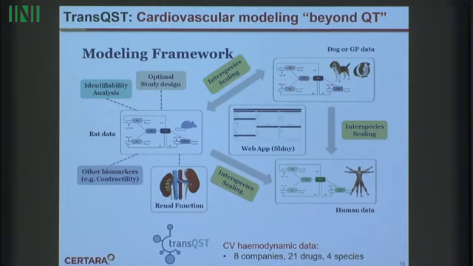And we're starting to analyze probably the largest data set that's ever been analyzed like this, in terms of cardiovascular hemodynamic data generated by 8 companies, and I think we now have 21 drugs in 4 species. And really what Hugh's going to do is build a mechanistic model of hemodynamic regulation.